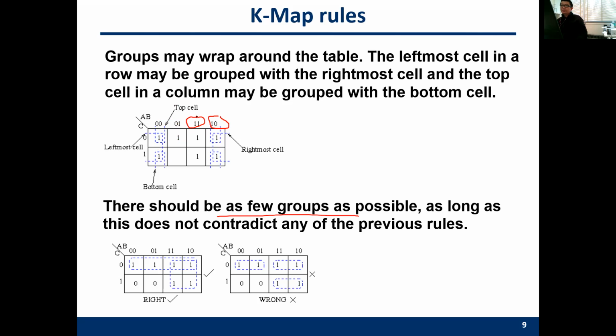From the 0 1 column to the 1 1 column, only A changed from 0 to 1. B stays the same, B is actually 1. For this column and this column, A stays at 1, but B changed from 1 to 0. So this is the reason why I write 1 1 here instead of 1 0.